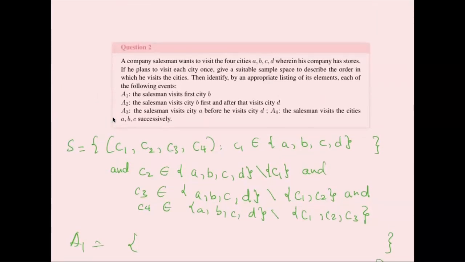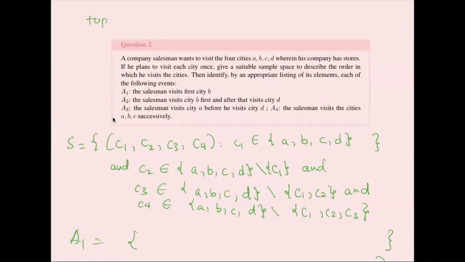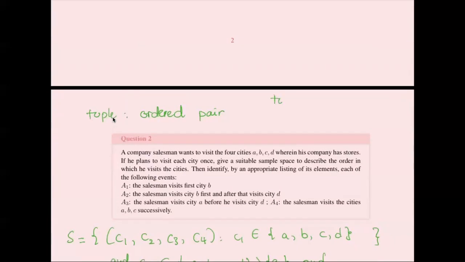So I was talking about a tuple. It is like ordered. I wouldn't say pair, but I don't know what other word I can use. For example, when you toss a coin twice, then you can have the outcome that the first toss you have head, and the second toss you have head, right?